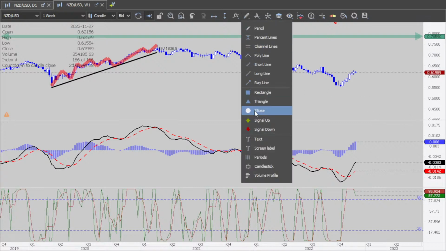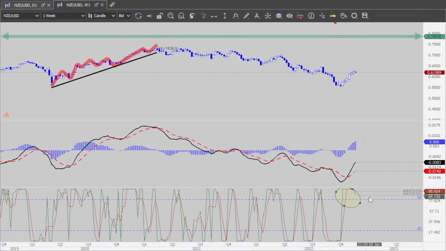So once the market is above the 80, this is what we call the sell zone. The market is supposed to go down, it is supposed to fall. And once we reach the level of 20, now we are in what is called the buy zone. So we are expecting the market to go up.